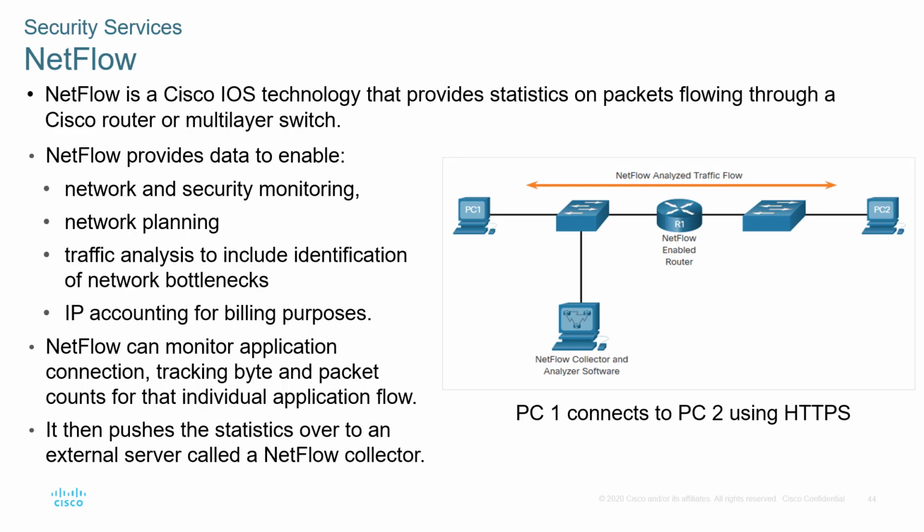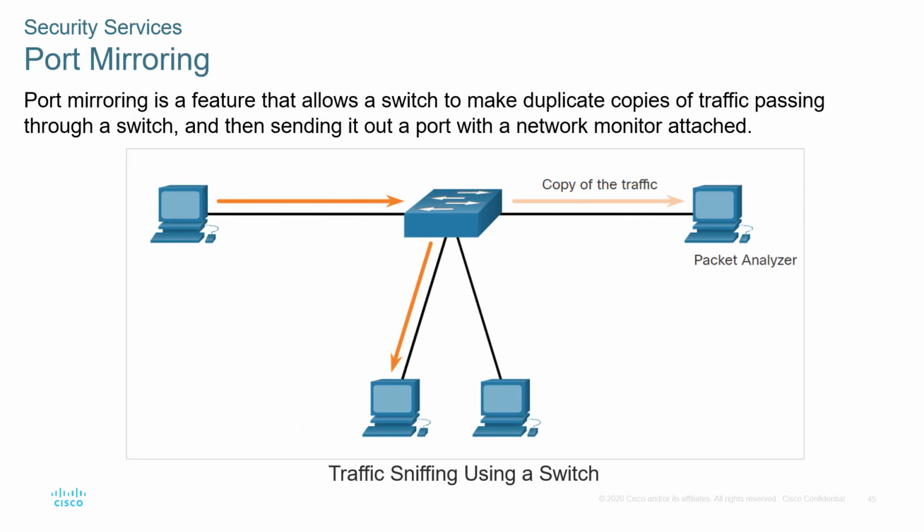So NetFlow is used to keep track of data flow for billing purposes. We also have port mirroring. This is going to be part of the SPAN. Basically, what we do is we allow for a port on a switch to be attached to a packet analyzer.